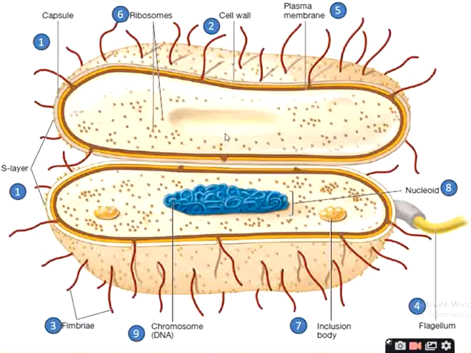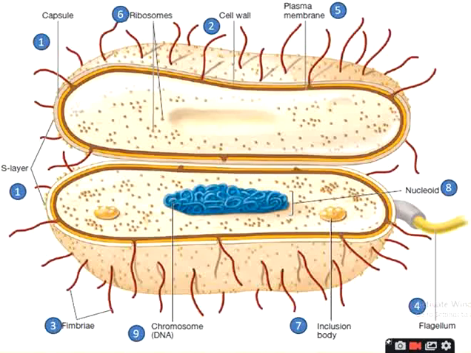Then there is the presence of chromosome, and that chromosome is present in the nucleus, that means here at the center or anywhere in the cytoplasm there is a nucleus, and in the nucleus there is a chromosome, that is DNA, okay. So this is the general outline of the structure of the cell.